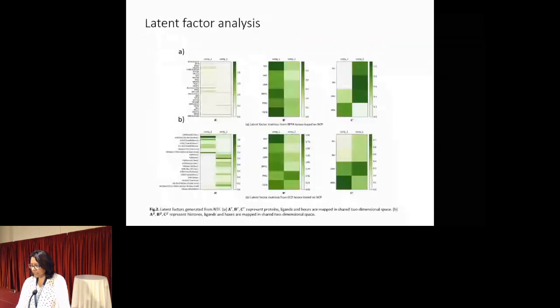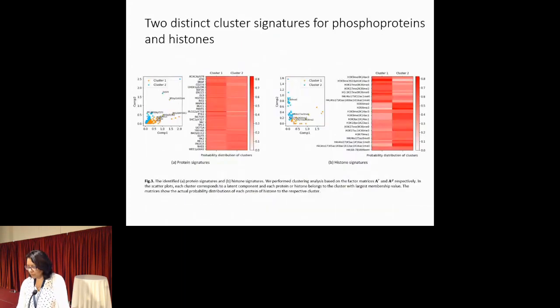So using the optimal K equals 2, we were able to look at the latent factors. You see certain signatures, and we were able to perform further clustering to showcase the distribution of each histone or signaling protein, and how they look.